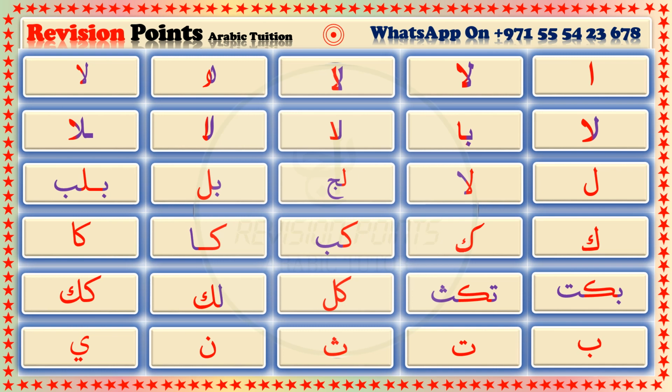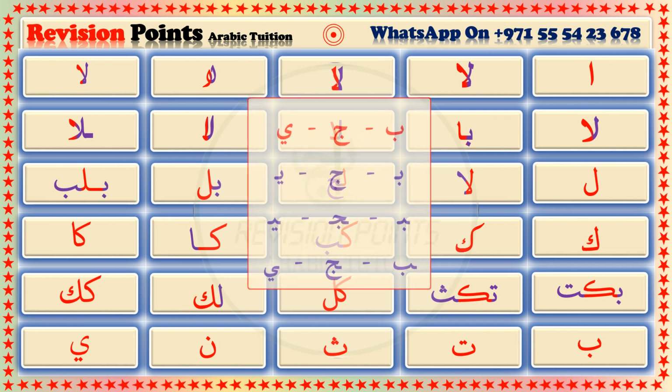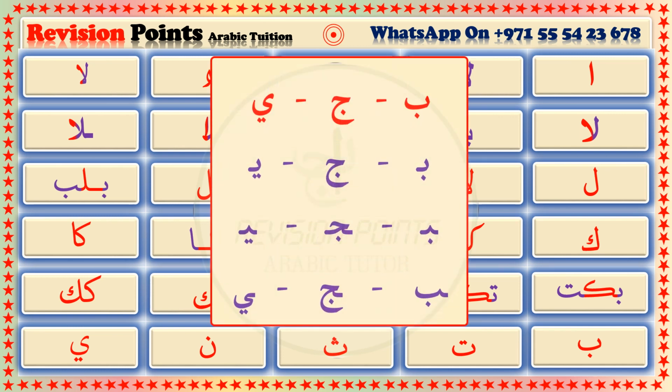So many students are getting confused in these letters. There are only three letters, those have dots down. Ba have one dot down and Jeem have one dot down, but the shapes are different. And Ya have two dots down. So keep remember, only three letters have dots down. Ba, Jeem and Ya.